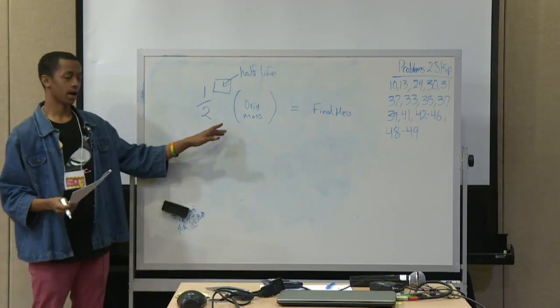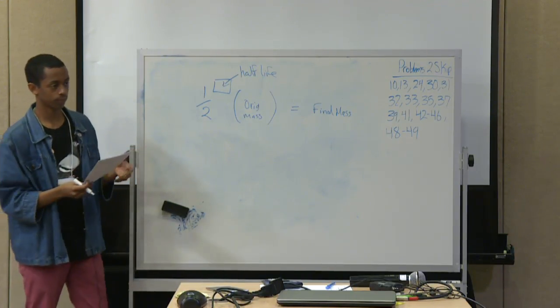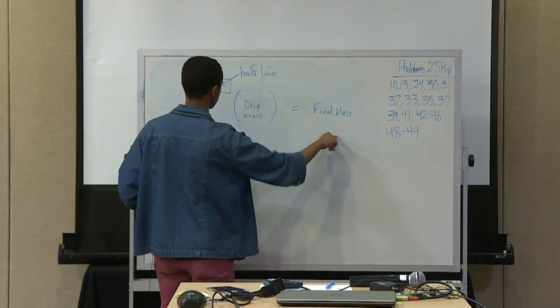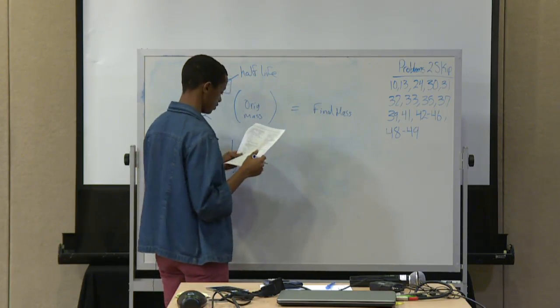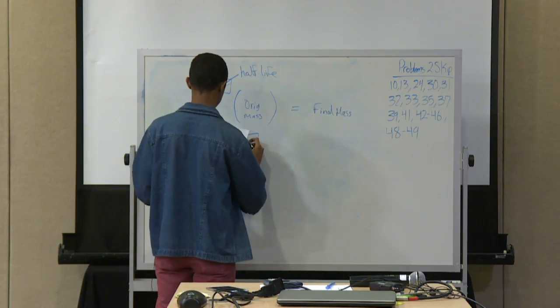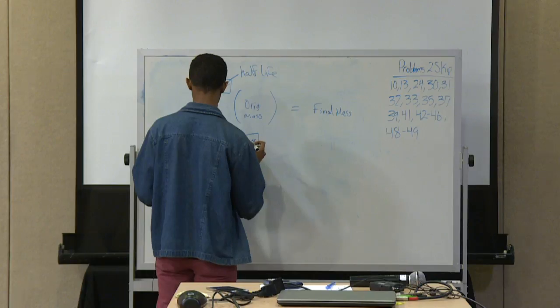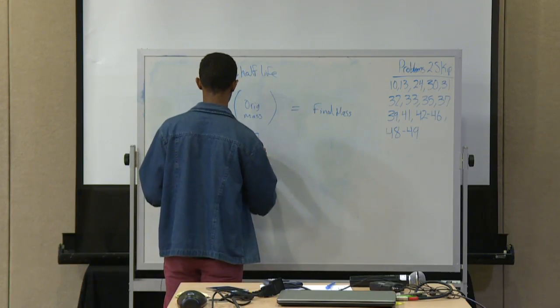So I want it to be at 18% of what it originally was. Cool? So I'm going to take this over and put it over here because that's what the original is. So 1/2. What's the half-life in this equation? 3.05 days. Okay. Cool.